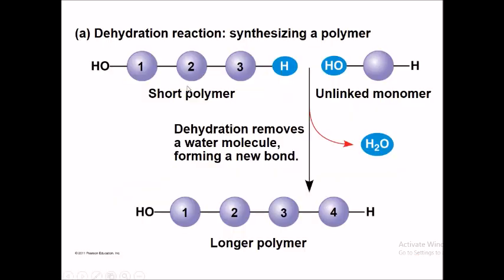So as you can see here, this is an example of the dehydration or condensation process used to synthesize a polymer. This one gives an example of a short polymer with a monomer, in which the hydrogen ion from the first polymer and the hydroxyl group from the monomer combine together, thus producing water, and then help to create a bond between the short polymer and the monomer.